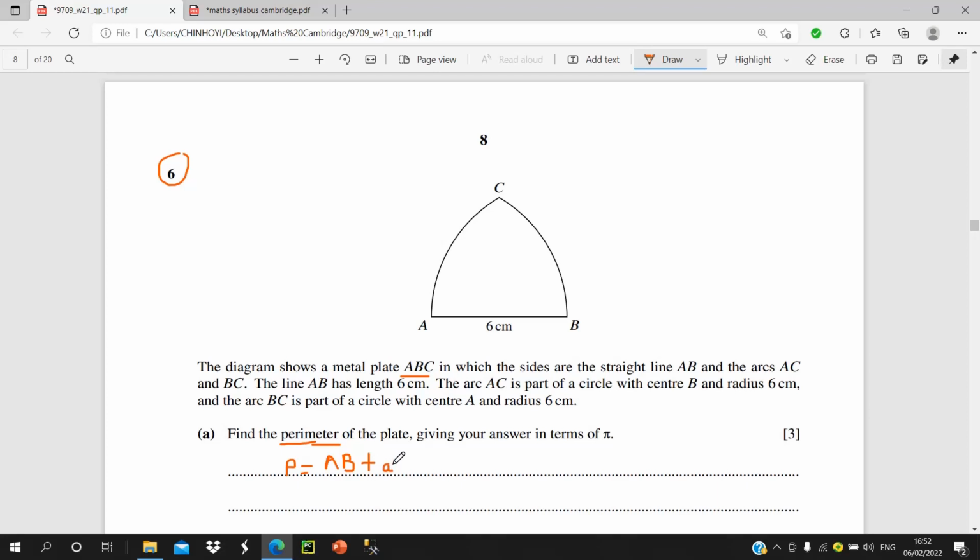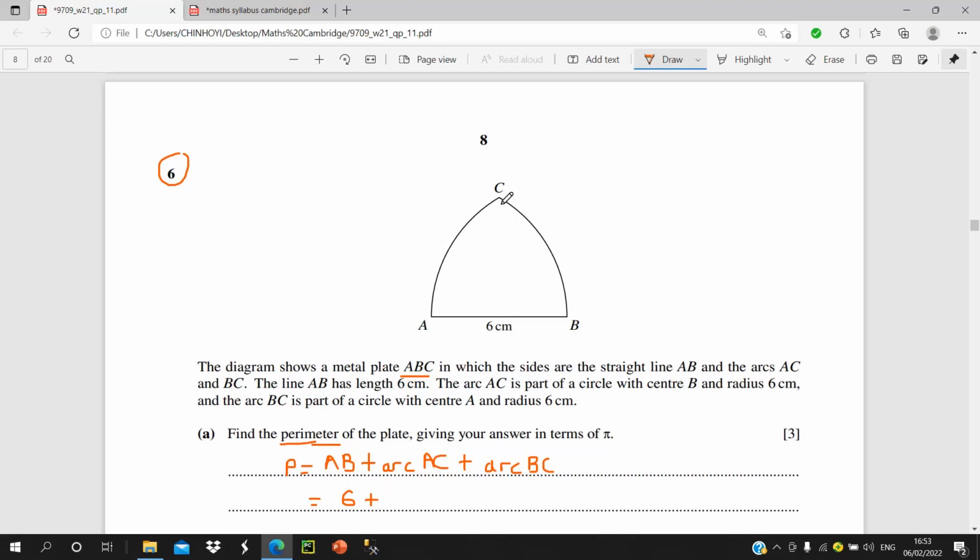So we are going to say arc AC, then plus arc BC. Right, so easily AB we can get as 6, then plus what is the arc length.